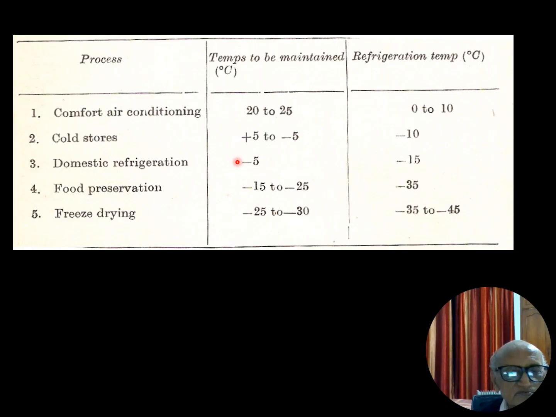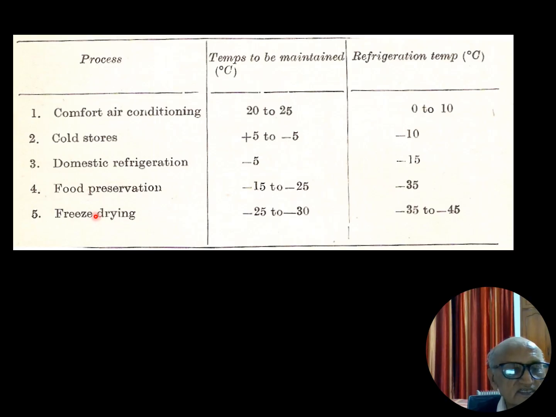Here we are supposed to maintain a temperature of minus 5 degrees Celsius, and refrigeration temperature may be minus 15 degrees. For food preservation systems, we need a temperature of minus 15 to minus 25 to be maintained through a refrigeration temperature of minus 35.